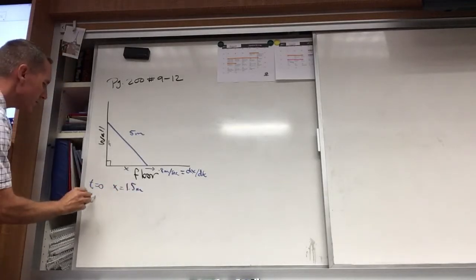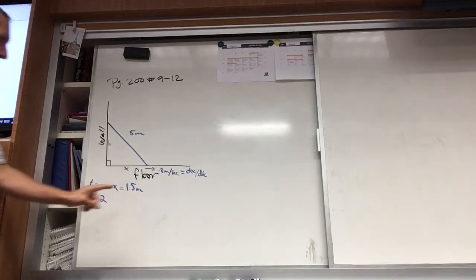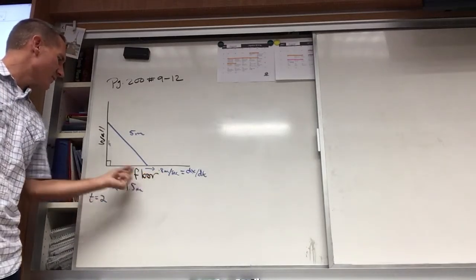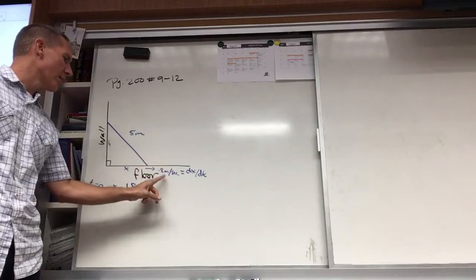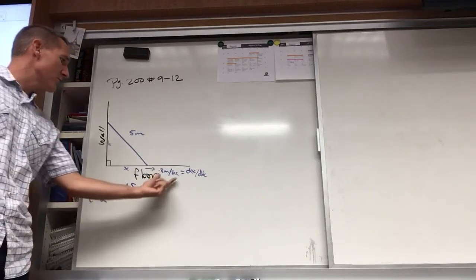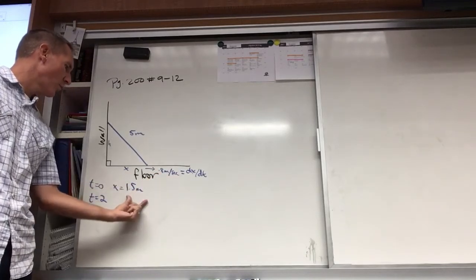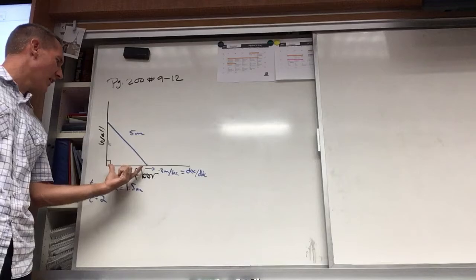They're asking for what happens when t is equal to 2. Well, if the bottom of the ladder is sliding away from the wall at 0.8 meters per second, after 2 seconds, that's going to be 1.6 meters, in addition to the 1.5 meters that it started at.